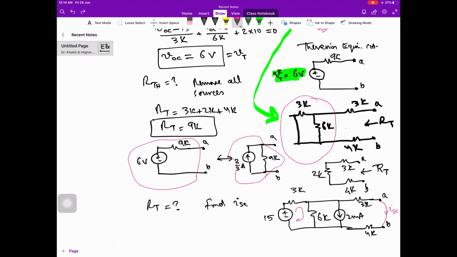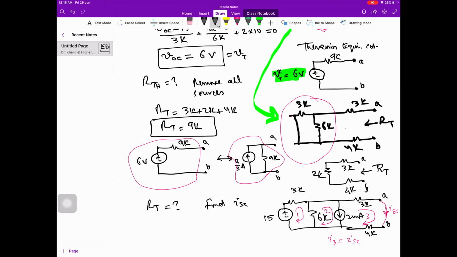I wanted to give you a hint. This is current 1, this is current 2, and this is current 3, and this I3 is I short circuit because the direction of the I short circuit and I3 are the same.